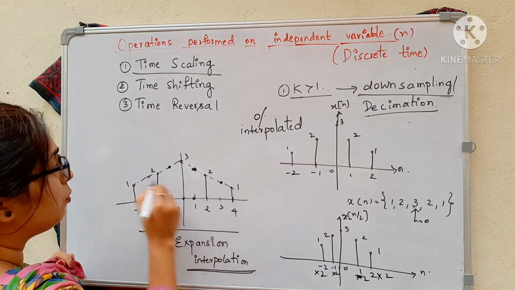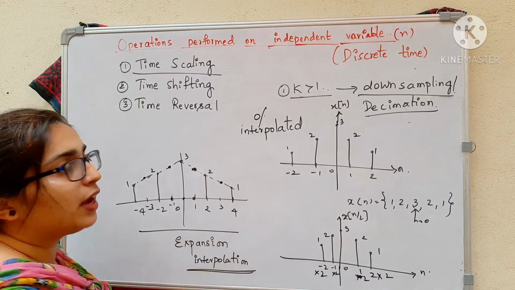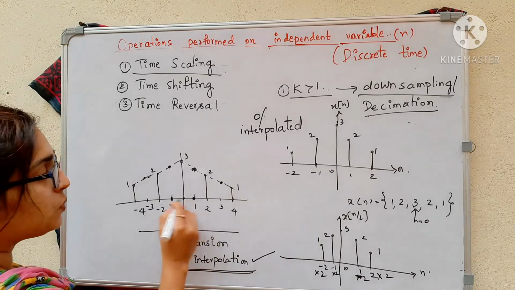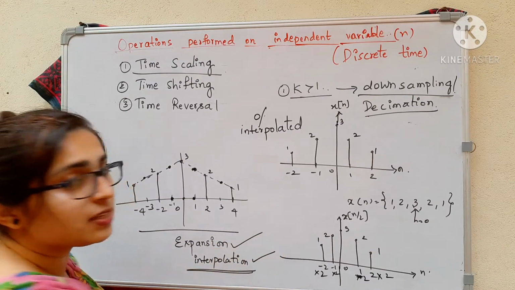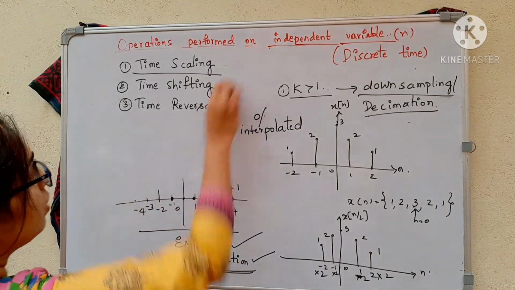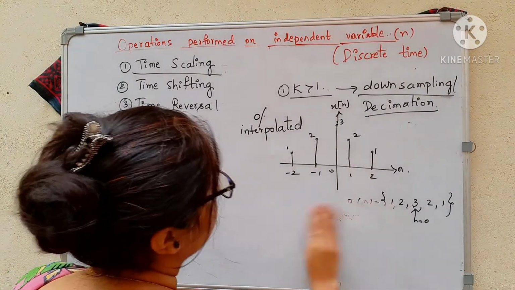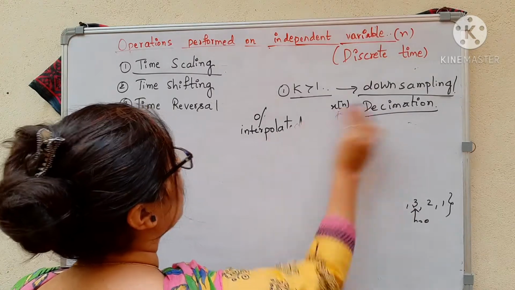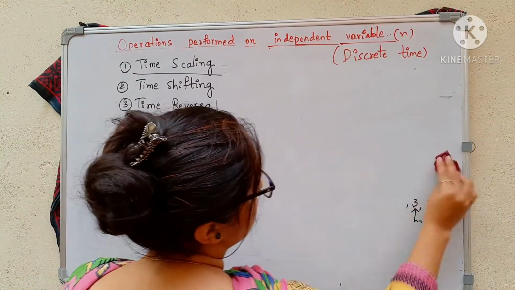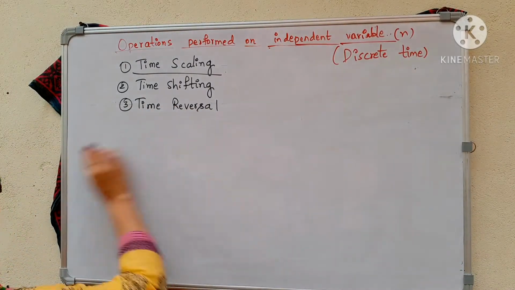At an unknown value, we are predicting it. That is interpolation. If it is set to 0, then it is called expansion. That is about time scaling. When it is less than 1, it is also called upsampling or interpolation.